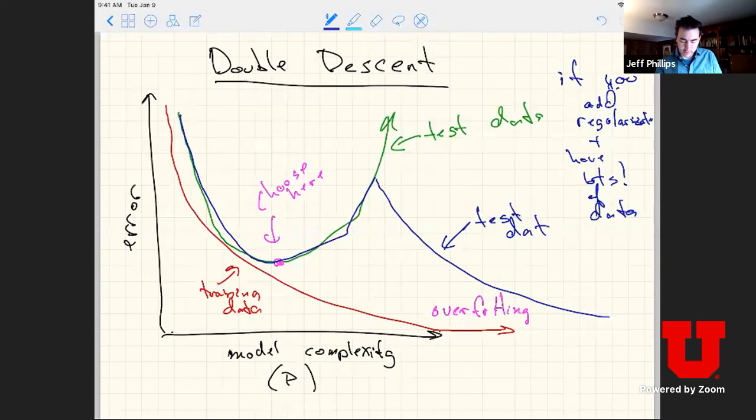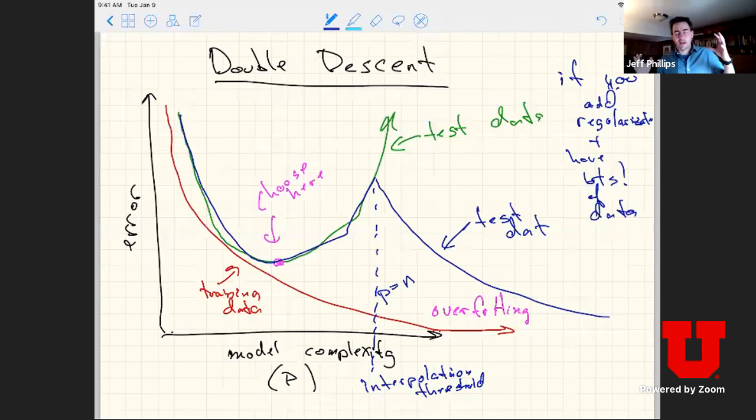Okay, and this is called the double descent because the test data does better and then it does better again. And this threshold is often called the interpolation threshold, where basically P is equal to N. P is equal to, in our example, the number of data points you have.